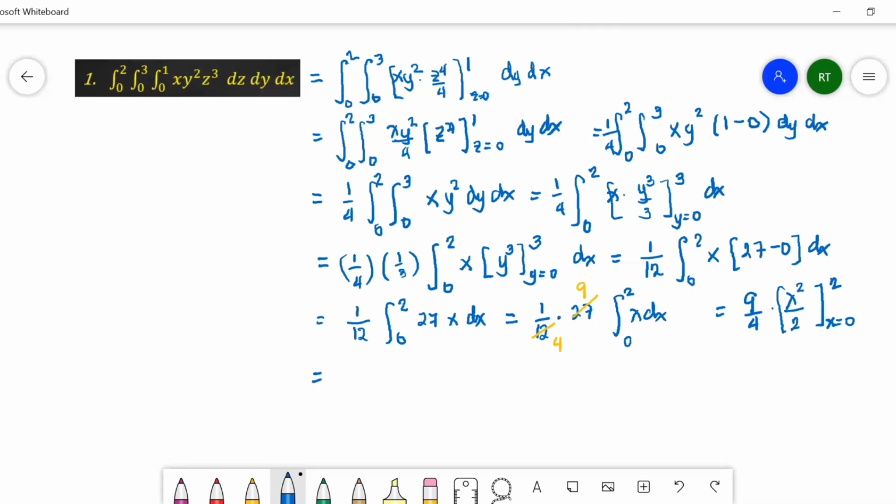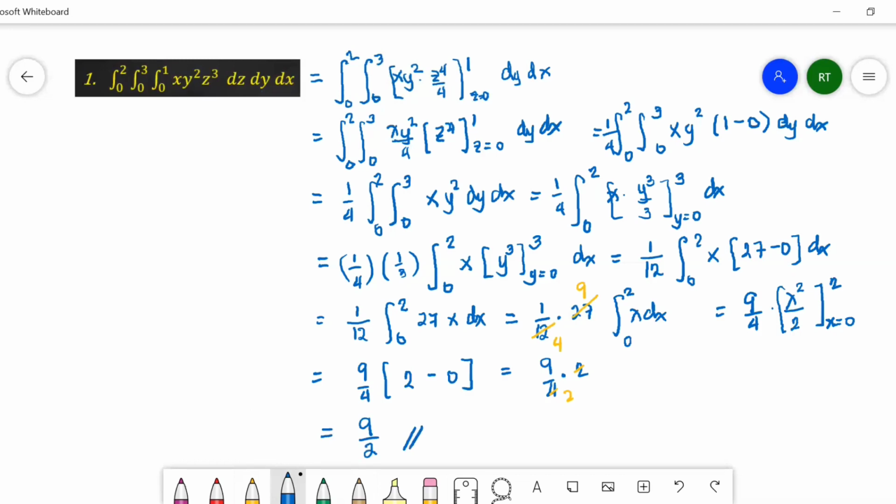So 9 over 4 times the value of x squared over 2 when x is equal to the upper limit 2 will give us 2 raised to the second power, which is 4, divided by 2, which gives us 2. And x squared over 2 when x is 0 is 0. Hence, we have 9 over 4 times 2, and by cancellation, the integral is equal to 9 over 2.